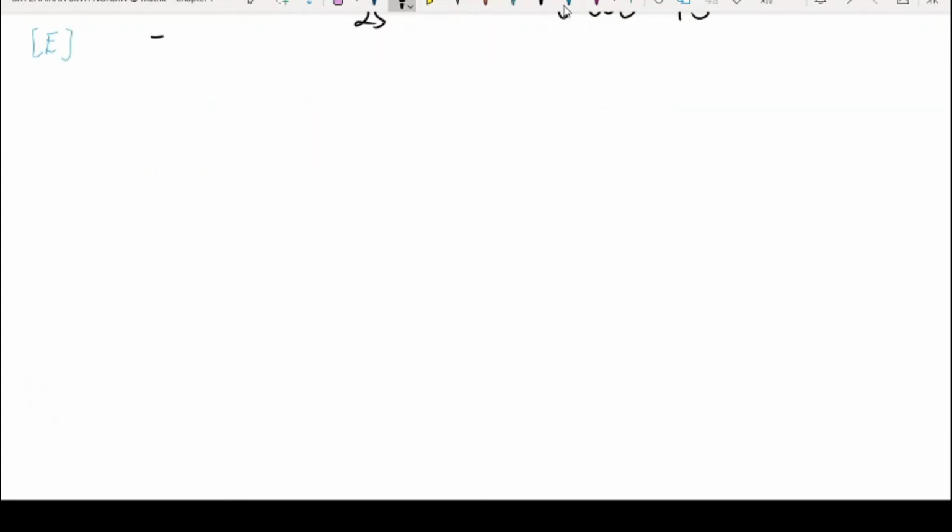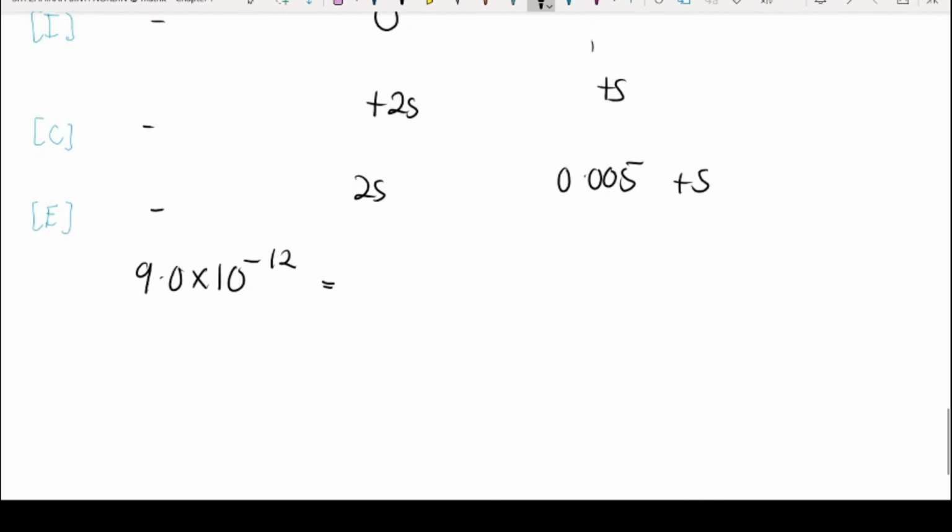So now is to find your S value. So 9.0 times 10 to the power of minus 12. So your Ag plus would be 2S squared, and your chromate ion 0.005 plus S. And class, there's one thing that you need to know.